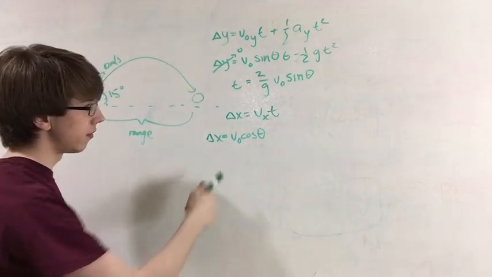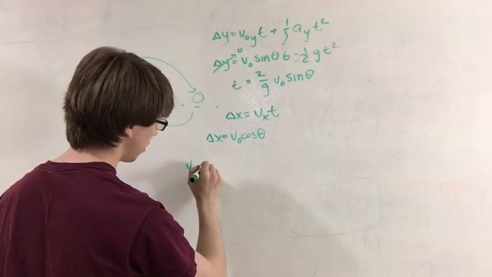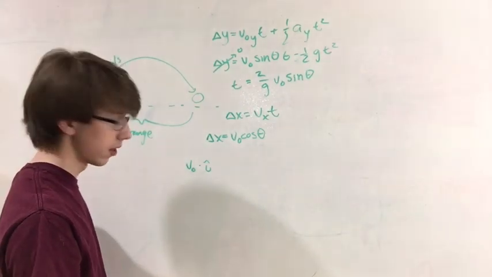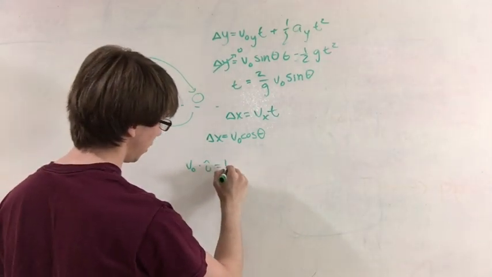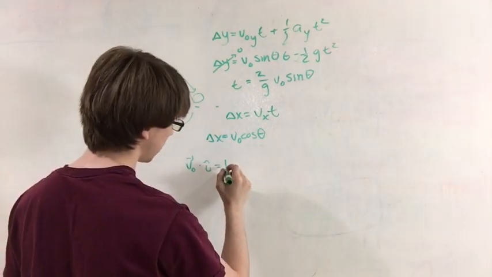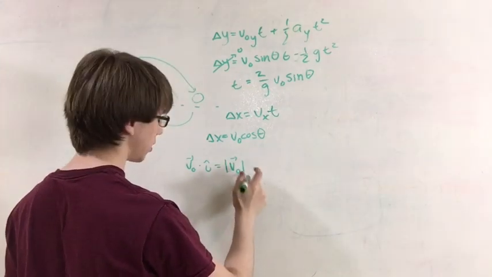Or, if you want to be technical, it's v naught dot i, right? Because that's the same thing as the magnitude of your initial velocity vector.